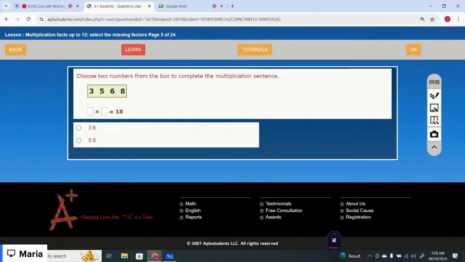Choose two numbers from the box to complete the multiplication sentence. Which two numbers have the product 18, which is the correct option?